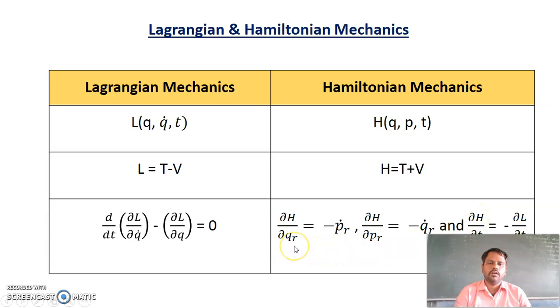Then we have two sets of first order differential equations, dou H by dou q r is equal to minus p r dot and dou H by dou p r is equal to q r dot. So we see that a set of second order differential equations will be replaced by first order differential equations in Hamilton mechanics. However, note that both the formulations are the same.